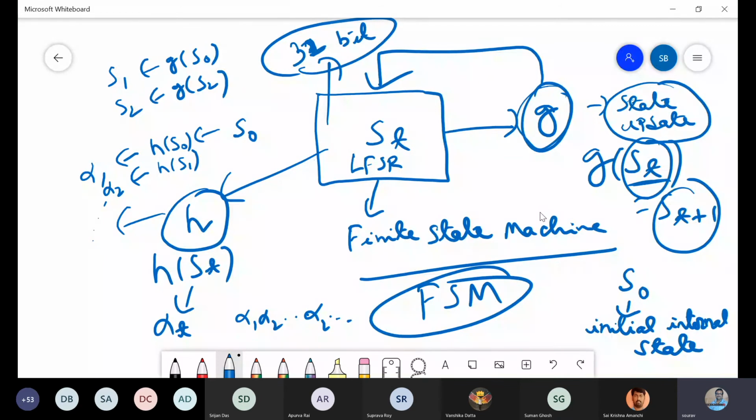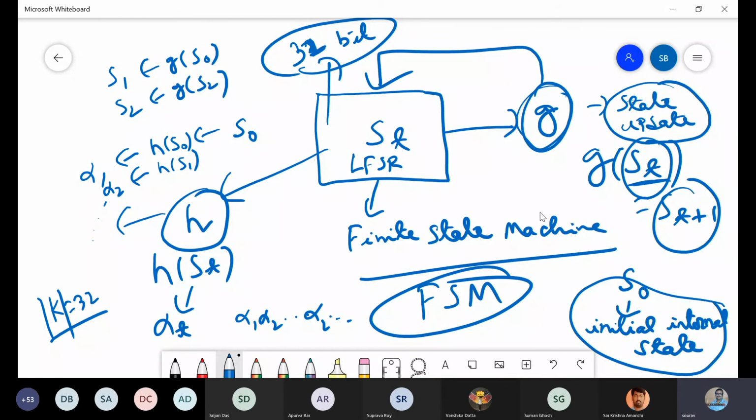If we directly put the key shared between Alice and Bob, if that is 32-bit, then we can directly put it as the initial internal state, and then think of some attack on this. Even if the key is small, if we increase the key size, then another botheration arises.